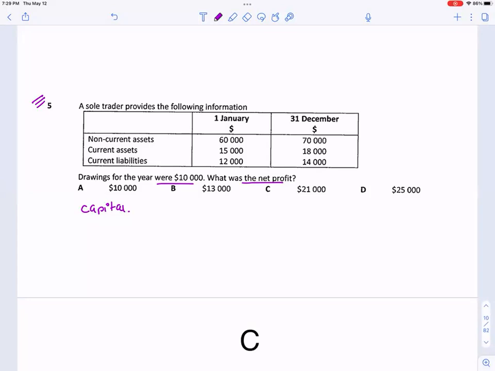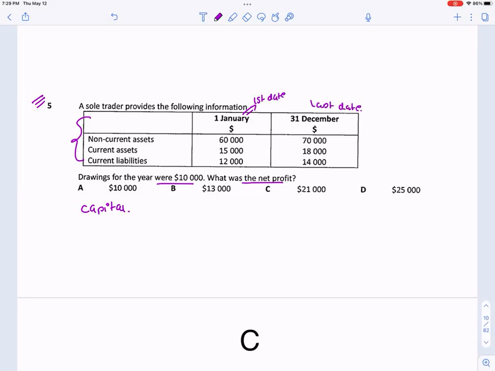But can we find out the capital? They've given us information about the balance sheet, on the first date and on the last date.